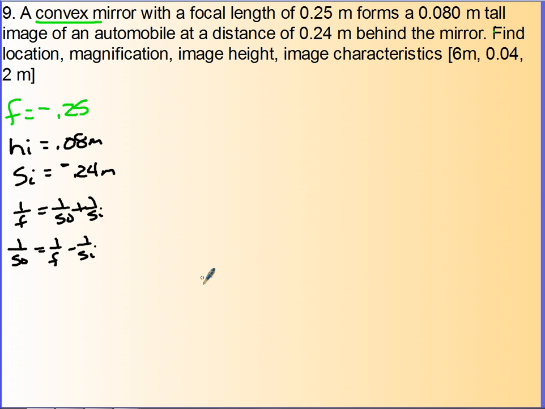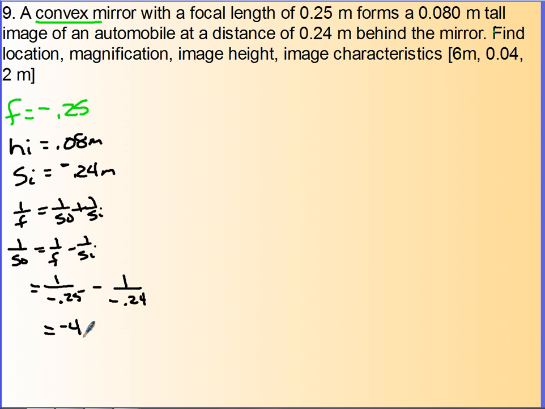Now we're going to do this one a little bit differently because I'm going to show you yet another way to do these. So plug in your numbers. Minus 1 over 0.25 minus 1 over SI, which is minus 0.24. Now, go on and do these calculations. 1 divided by 0.25 gives you 4, and you're going to be negative.